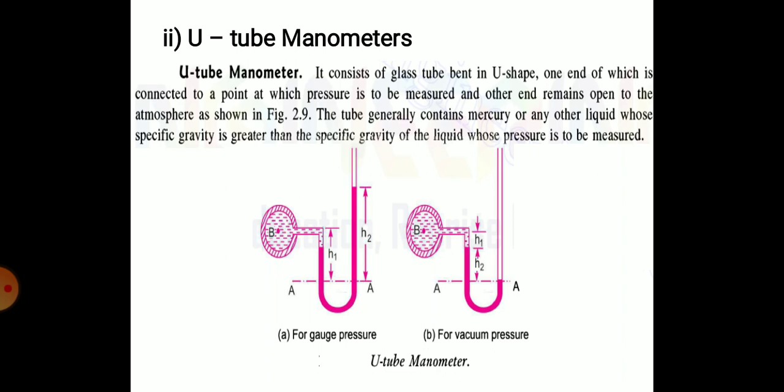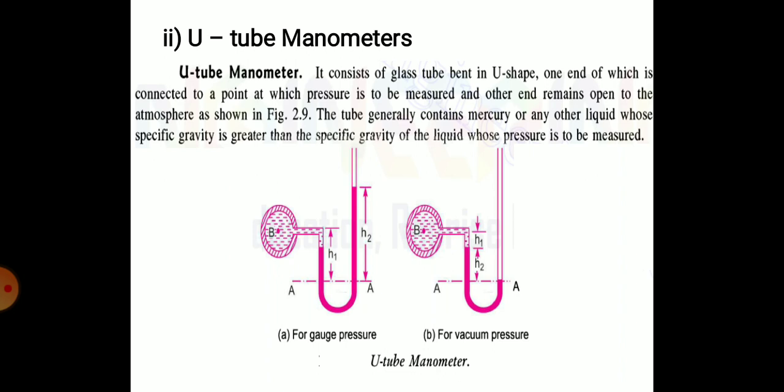As the pressure is same for horizontal surface, hence the pressure above the horizontal datum line AA in left column and in right column of U-tube manometer should be same. Therefore, pressure above the datum line AA in left column will be equal to P plus ρ1 g H1.